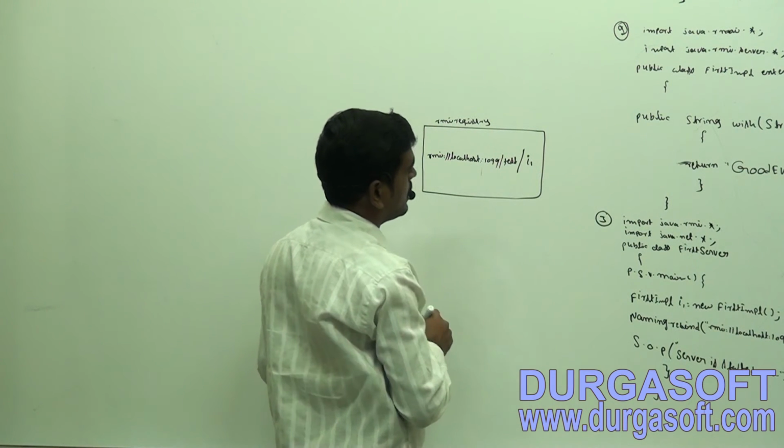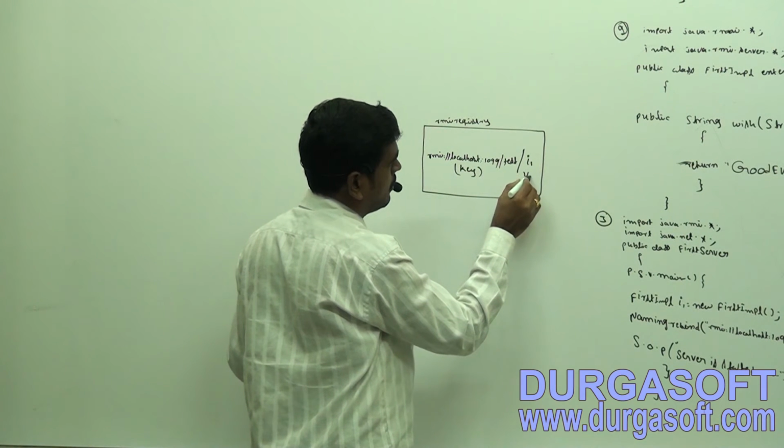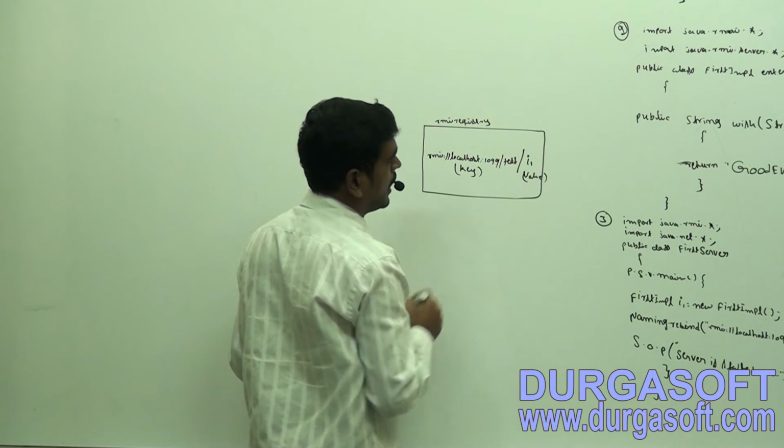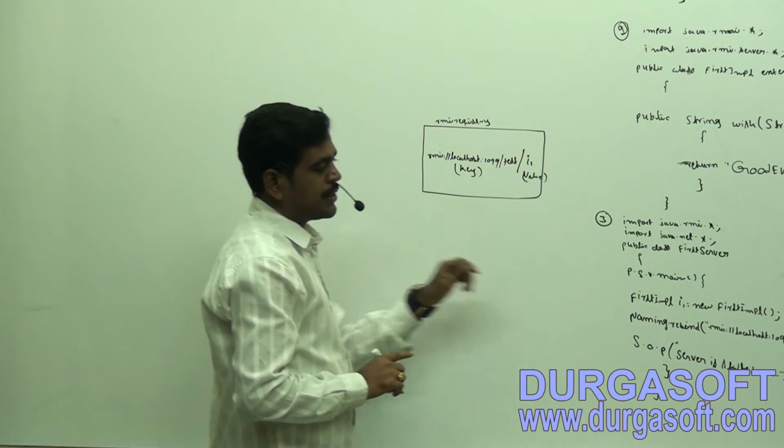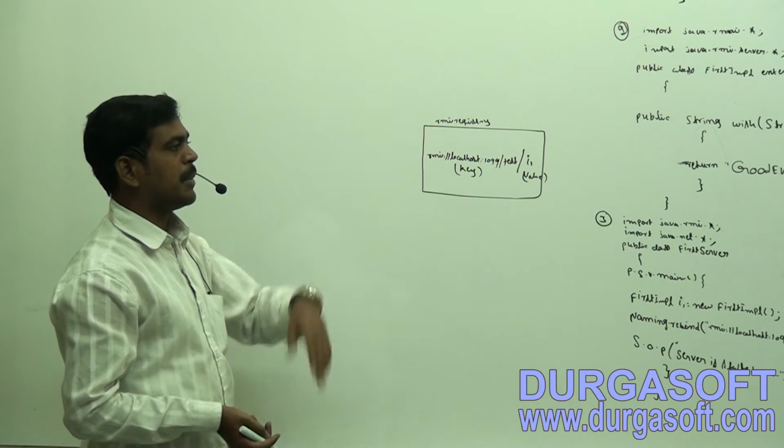This is the key, this is the value. This value is going to be stored in this RMI registry. Up to here is the RMI part.